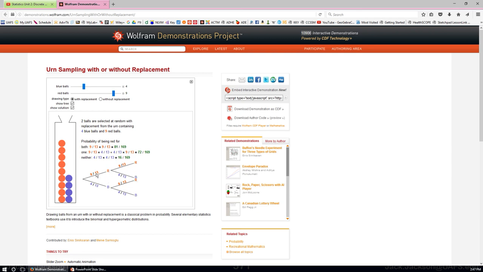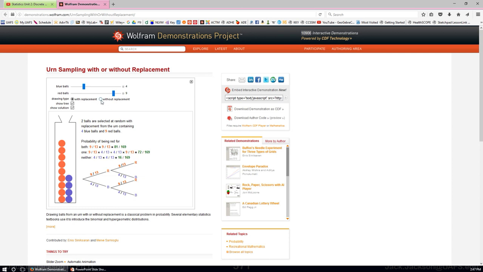There's a red or blue each time, so there's just two levels here because we're just drawing 2 balls. And we can see the probabilities here. All of the probabilities for red are 9/13, and the blues are 4/13 because we have 4 blues, 9 reds. That's 13 balls altogether.